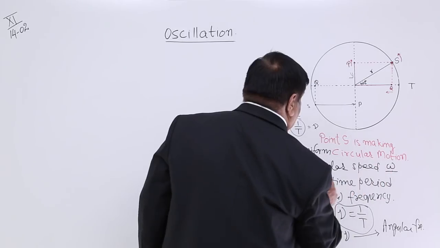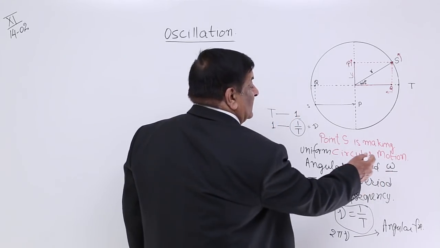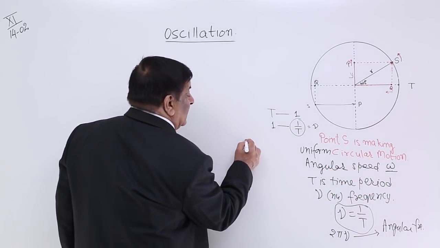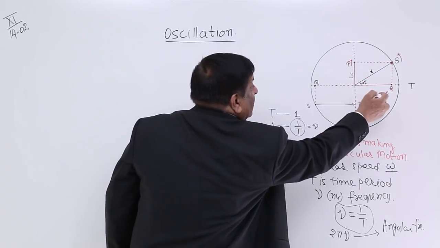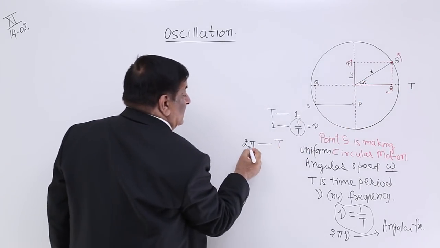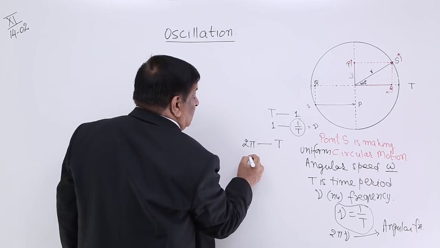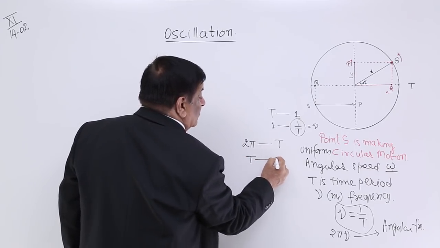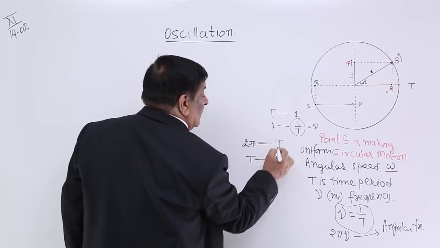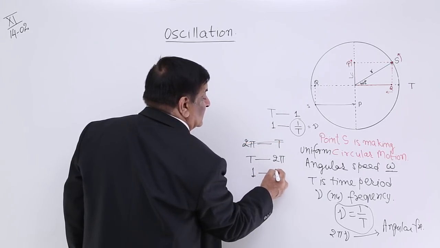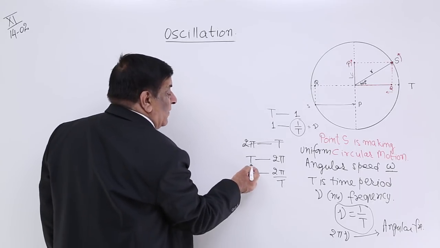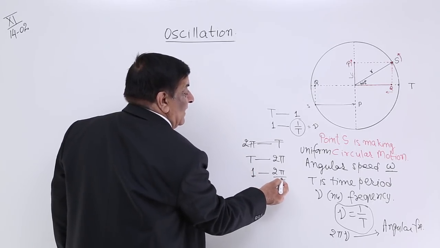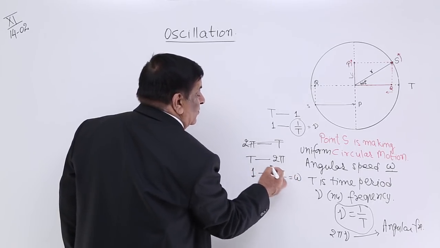How is omega related to time? 2 pi angle is made in time T. So in T time how much angle is made? 2 pi. So in 1 second how much angle will be made? 2 pi upon T, and in 1 second whatever angle is made we call it angular speed omega.